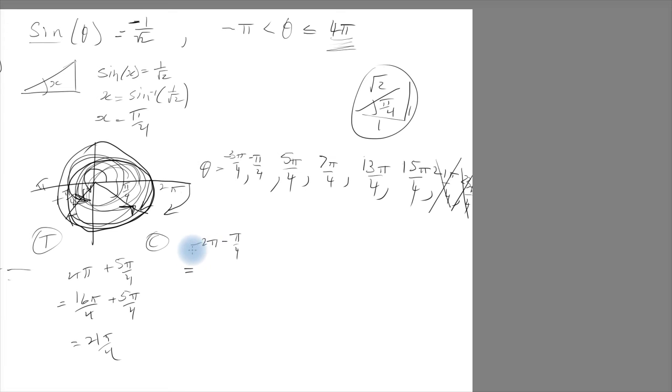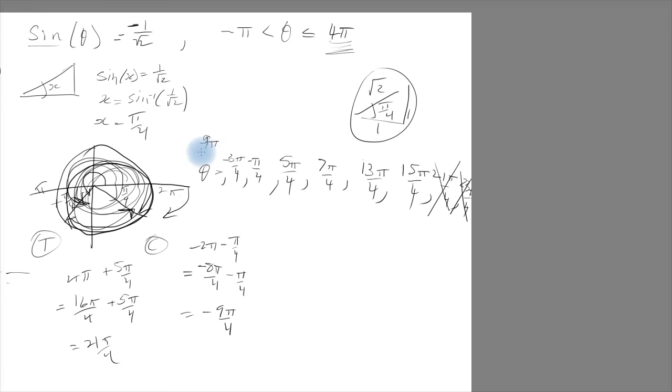Negative 2 pi is negative 8 pi on 4, minus another pi on 4. That is negative 9 pi on 4. But once again, negative 9 pi on 4 is outside of our bounds, so that one doesn't count. These all do count though.